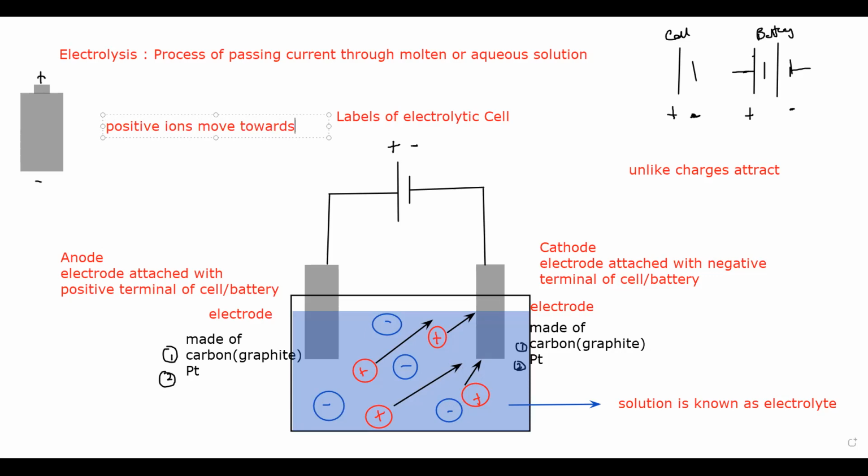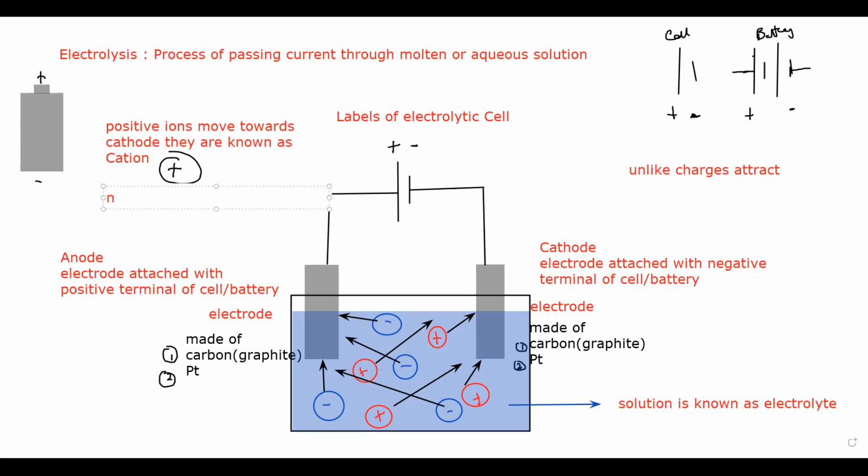As the positive ions move towards the cathode, they are known as cations. This is a name given to the positive ions. So the positive ions are simply known as the cations. And what happens? The negative ions are attracted towards the positive plate, which is the anode.